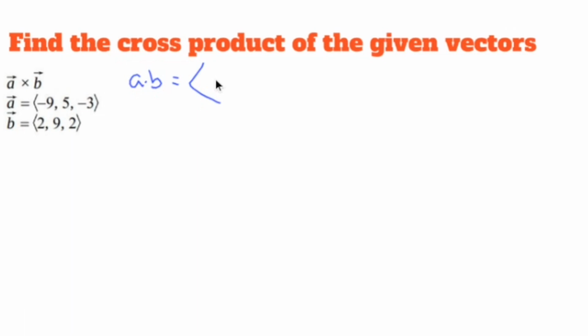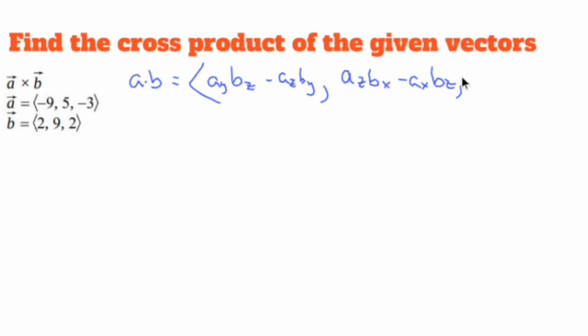It's in component form. The first component is a sub y, b sub z minus a sub z, b sub y. Okay, that would be your first in the component form. Then you have a sub z, b sub x minus a sub x, b sub z.